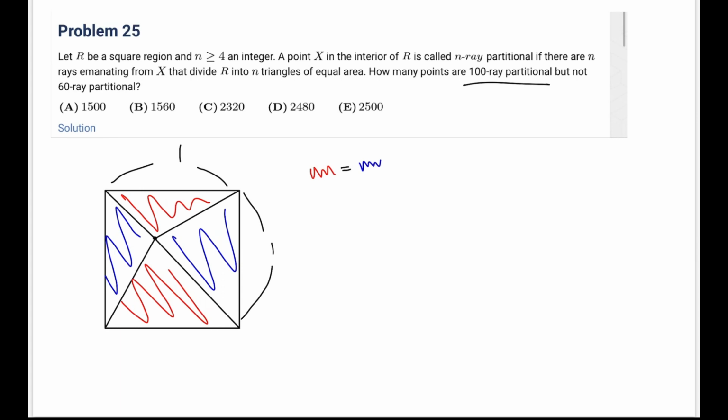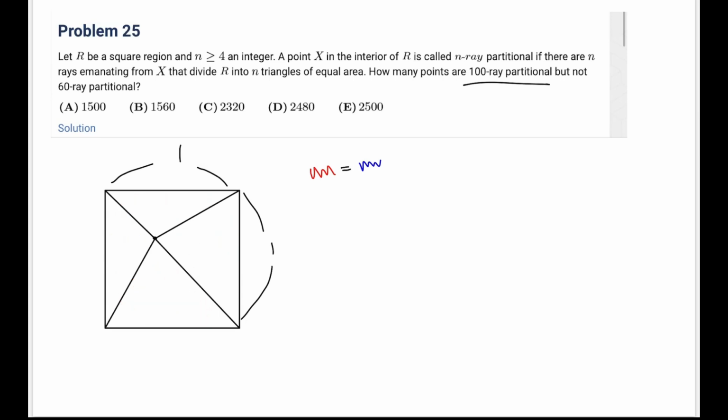Let's say that there are A triangles in this one.